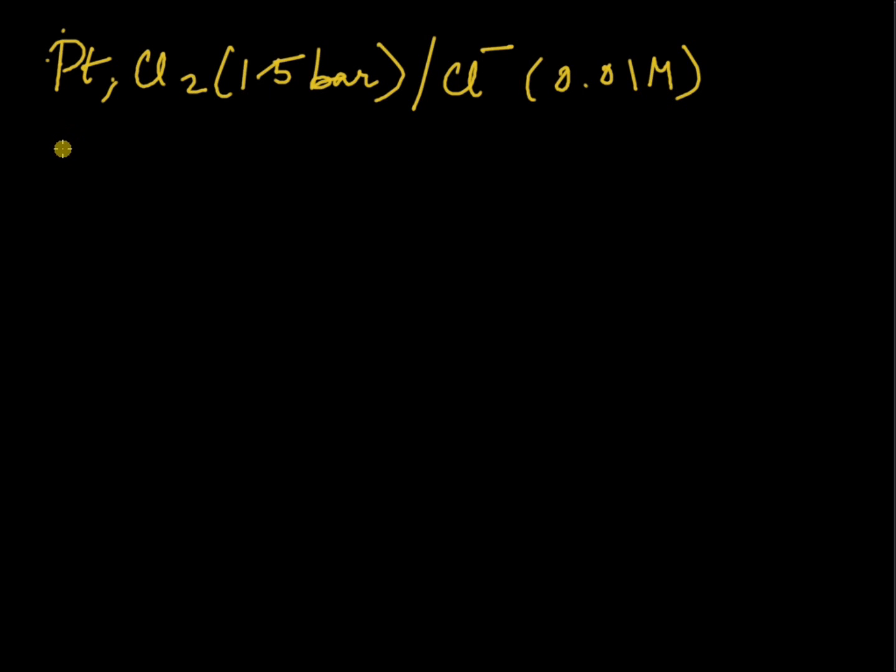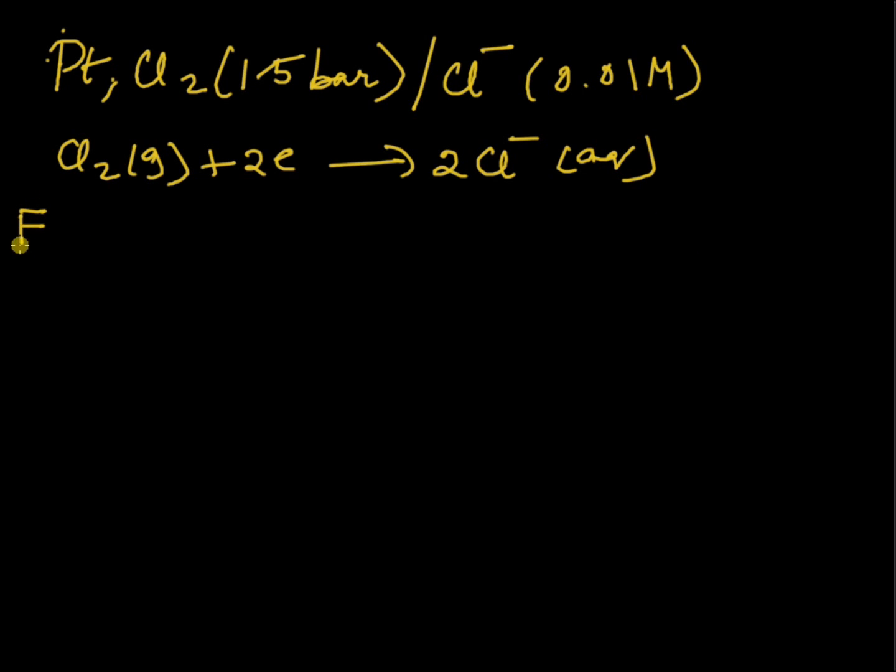In such problems, whether it is required in the problem or not, it is advisable to write the equation for the cell reaction or electrode reaction. The electrode reaction here would be Cl2 gas plus 2 electrons giving 2 Cl minus aqueous.